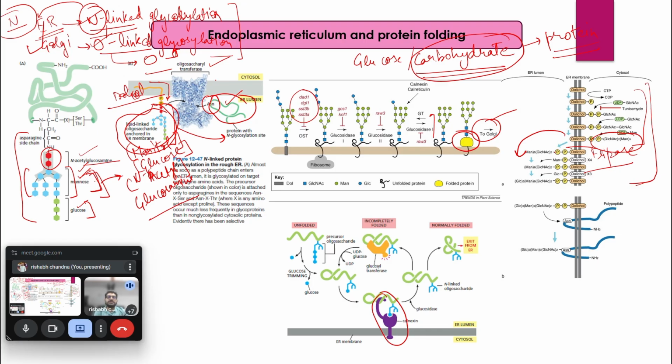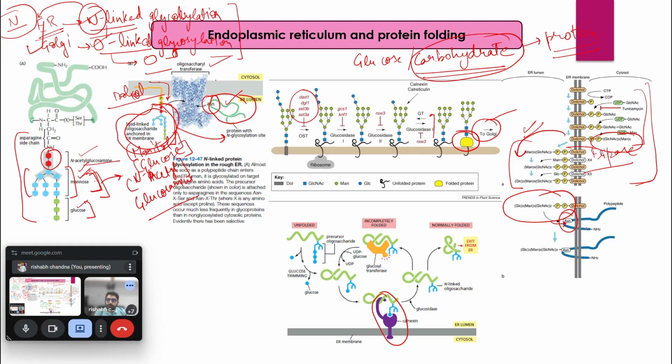This is how it helps in the production of more oligosaccharides inside the endoplasmic reticulum lumen. And then once the oligosaccharide is formed, it is attached to the asparagine residue on the protein molecule.